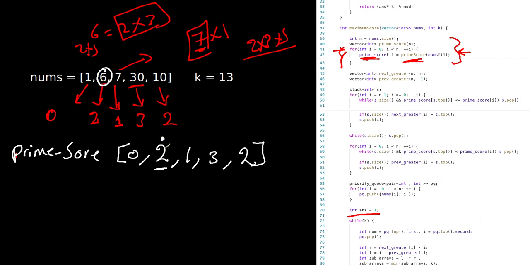So all the subarrays until 3, since 3 is greater than 2, so any subarray that contains 2 should stop here or before. We should not include the 3, because if we include the 3, then this will be the max score. So this is for the right side of 2, and the left side is the same.